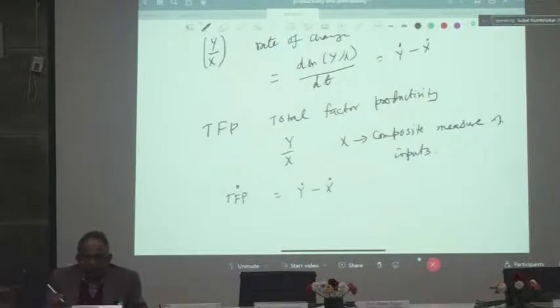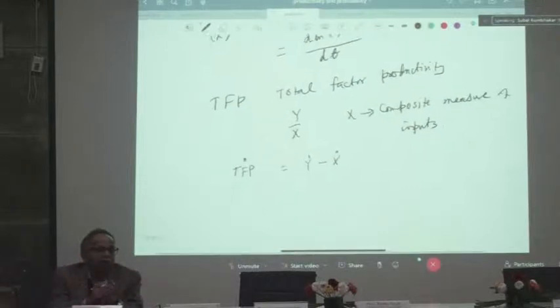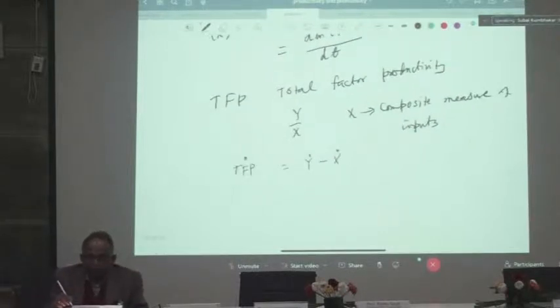Since X is a composite measure of all the inputs, what is done in the literature is like this: y dot minus the sum of Sj, sometimes I use A, I think in my slides I have A, times X dot j. So the rate of change in the composite input is defined as a weighted average of change in individual inputs, and the weights are their shares.